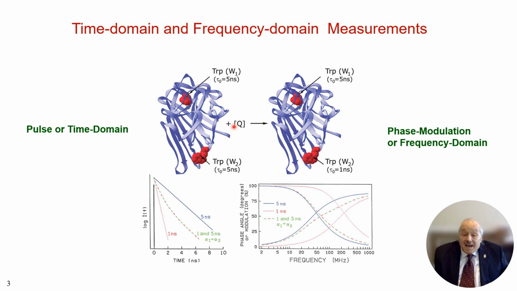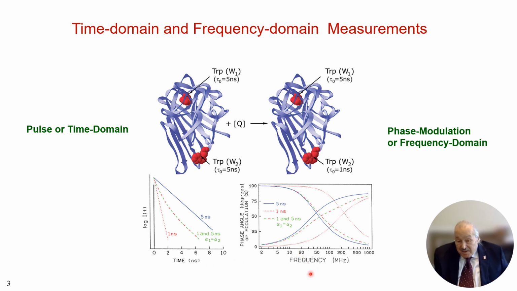So what we have after the addition of quencher is not the initial 5 nanoseconds, but a mixture of 5 nanoseconds and 1 nanosecond, which is a multi-exponential decay. And we know that in the time domain, this looks like a curve for the log of the intensity versus time. What does it look like in the frequency domain?